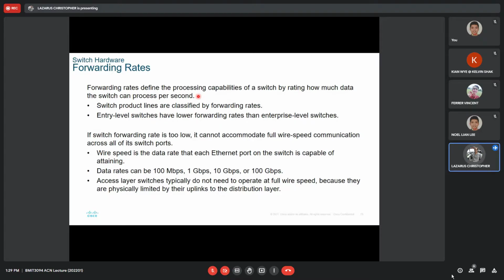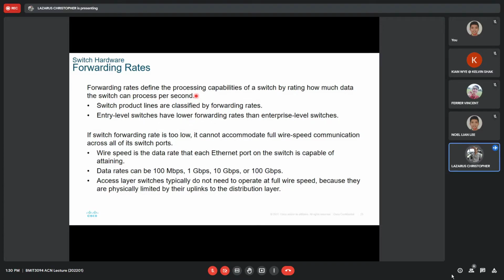Because the faster you can perform all the switch features, like updating the CAM table, locating the port based on the destination address, so that means you want to index into your CAM table, right?